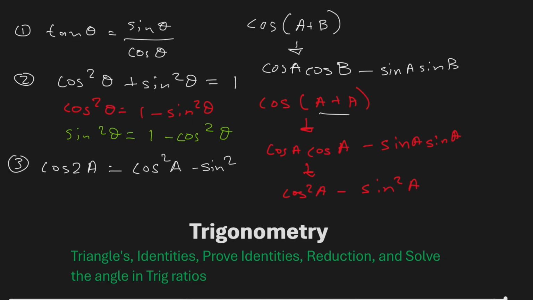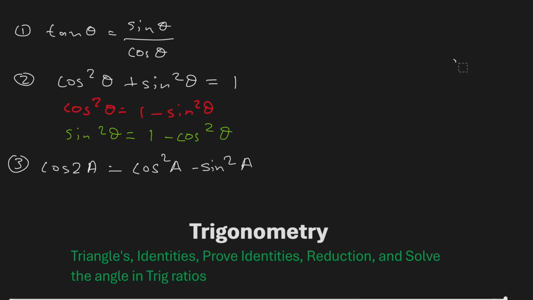So that is a double angle of a cosine. From this double angle of cosine, we can also play around with it. We know that the double angle is cos squared A minus sin squared A. From the identities of number 2, remember we can change cos squared theta and write it as 1 minus sin squared theta.